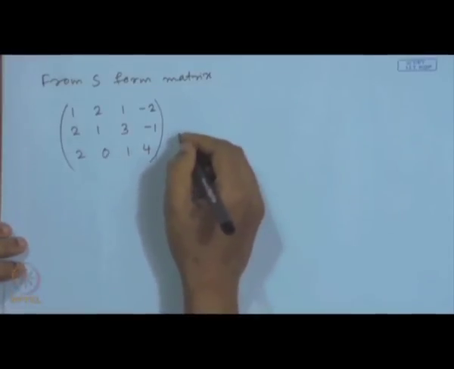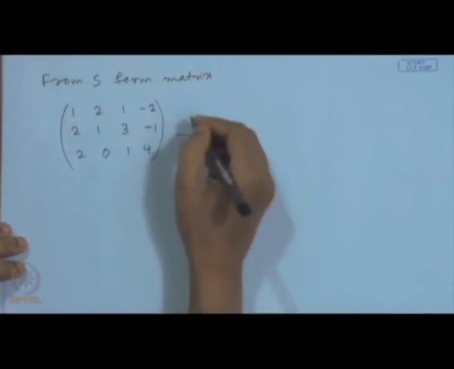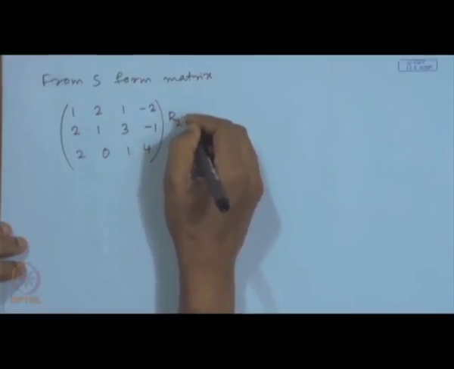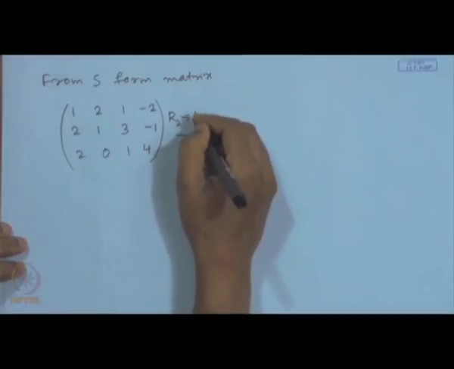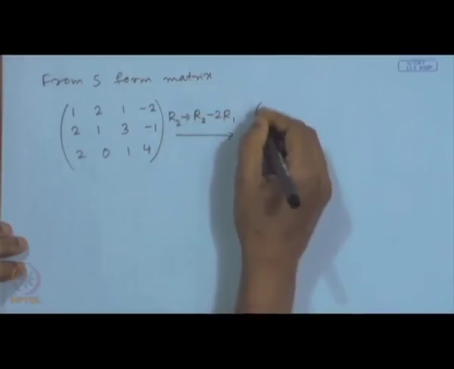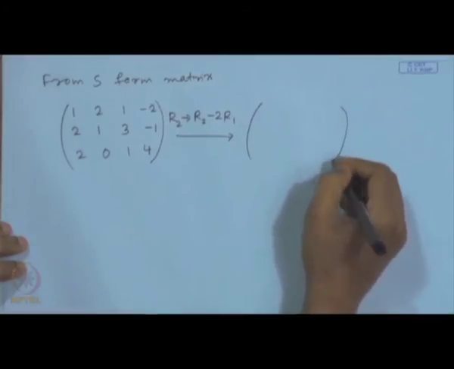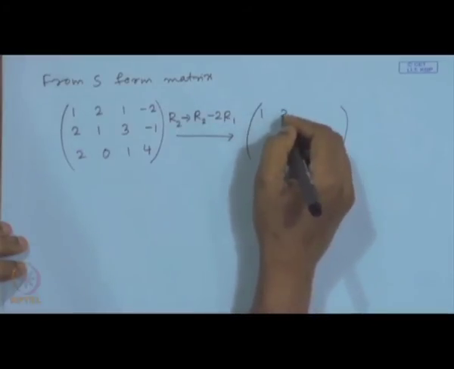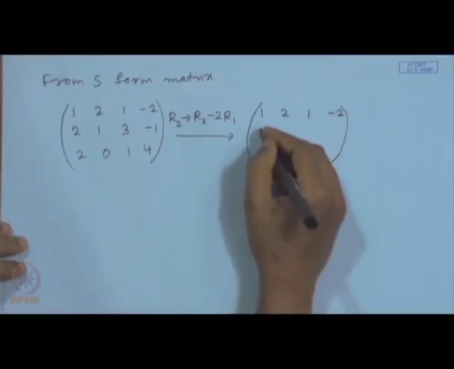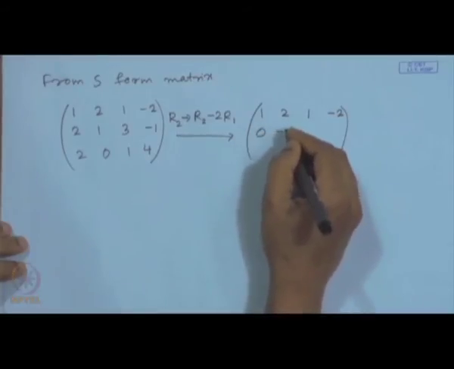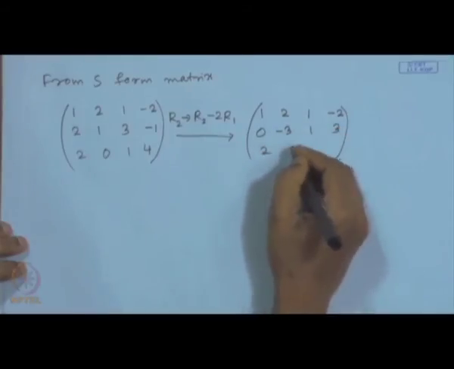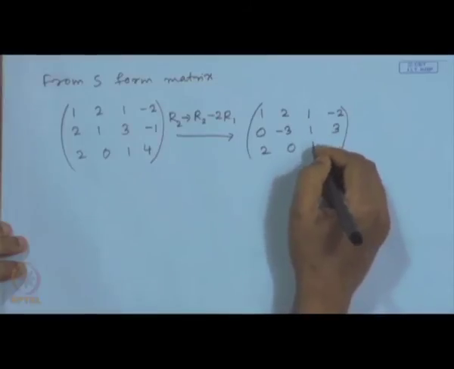Applying elementary row operations, replacing R2 by R2 minus twice R1, we get this matrix: (1, 2, 1, -2) unchanged, and (0, -3, 1, 3), (2, 0, 1, 4).